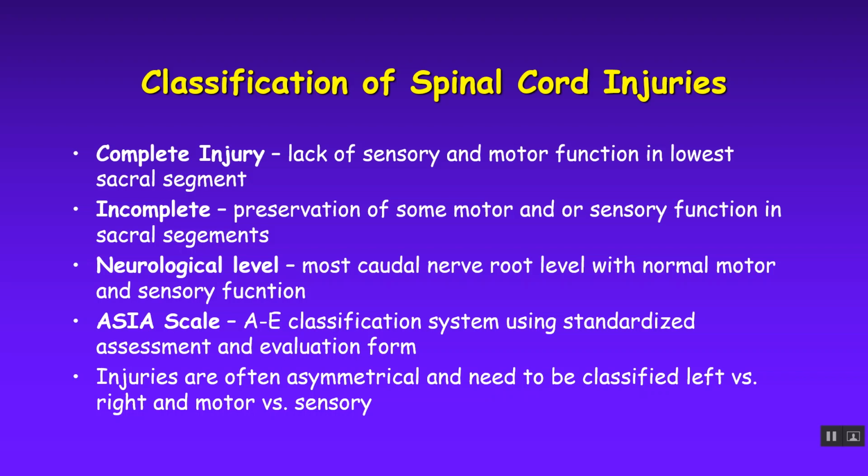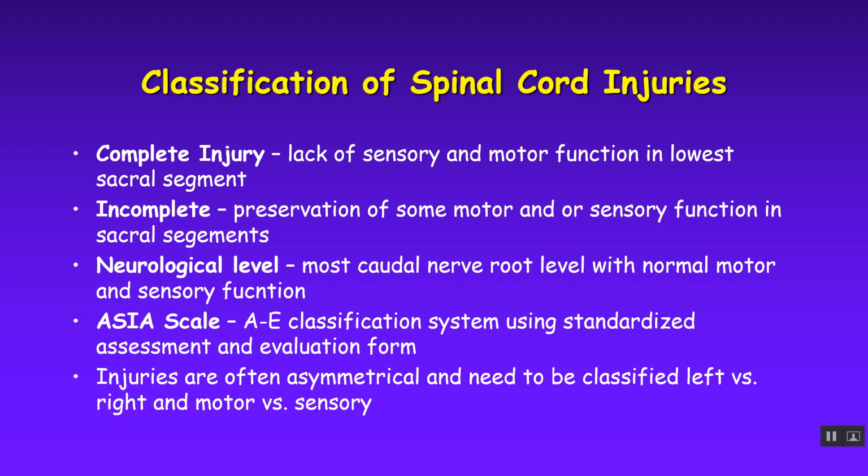You determine what's called the neurological level, the neurological injury level. There's an injury level, like which vertebrae were broken or damaged. That doesn't always match up with the neurologic level. The neurologic level is the last, most caudal nerve root level with normal motor and sensory function, okay? So you may have blown out your C6 vertebra, but your neurologic level may be C8.